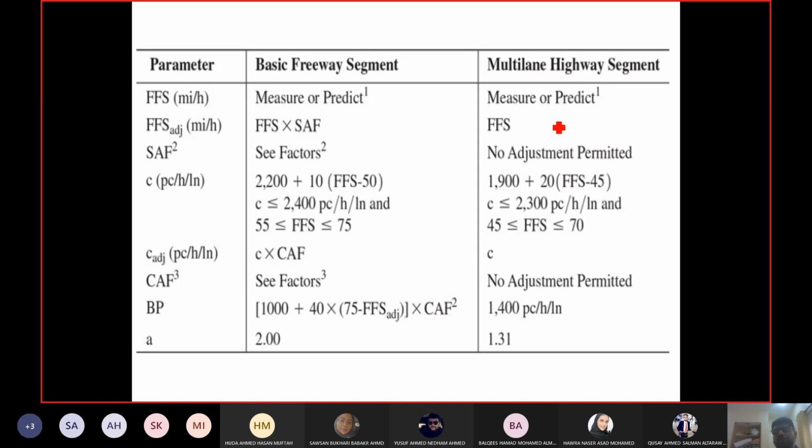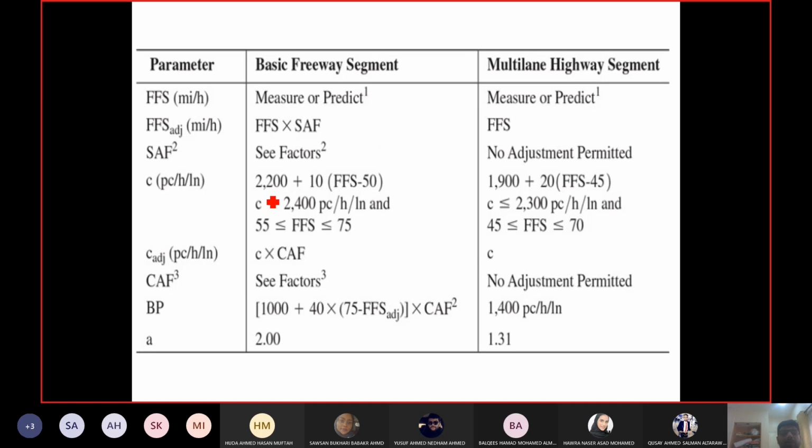For multi-lane highways, no adjustment is required. Adjustment is only required for freeways, whether it is for free flow speed or capacity. Multi-lane highways don't require any adjustment factors. What are the adjustment factors for freeways? I will tell you in the coming slides. So we need to measure or predict free flow speed, and then you apply the adjustment factors.